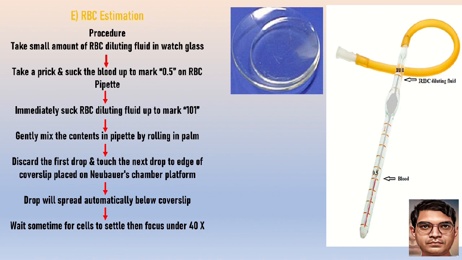Discard the first drop and touch the next drop to the edge of the cover slip. The drop will spread automatically under the cover slip by capillary action. Now focus the Neubauer chamber under power 40x or 45x and look for the RBCs.